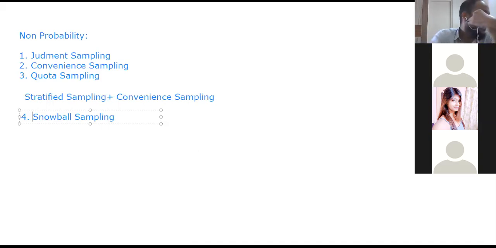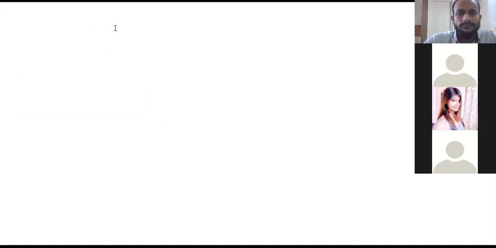Now, if you have the hard copy of the book, you can go to page number 84, which talks about the hypothesis. Again, we're going to the theoretical part now. So, what is meant by hypothesis?